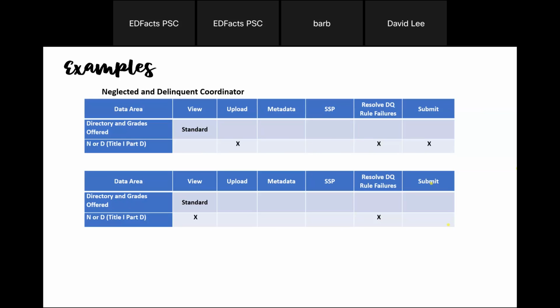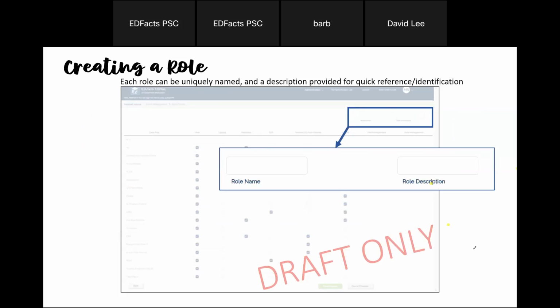Okay, I'm going to continue on. One thing I pointed out earlier, I just really wanted to highlight, is that the role name and the role description are creatable and editable by you all. So when you're creating three roles for, let's say, IDEA data, three different access levels, you'll be able to name them individually so that you can differentiate which role gives what permissions.